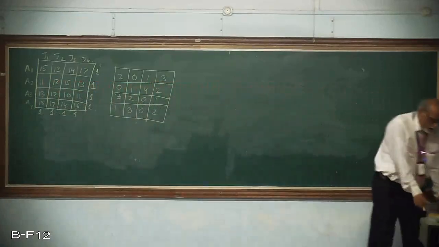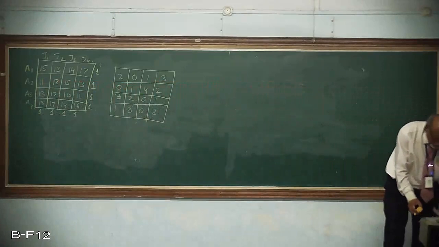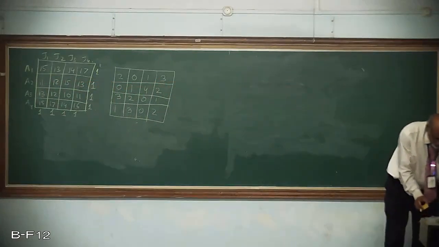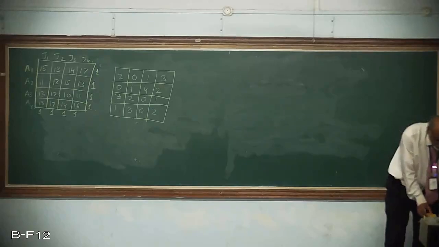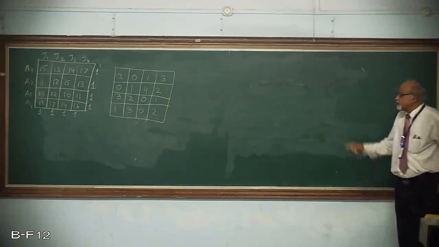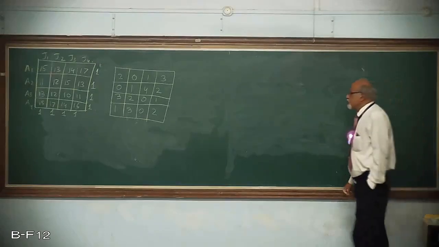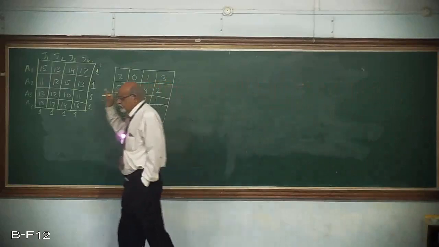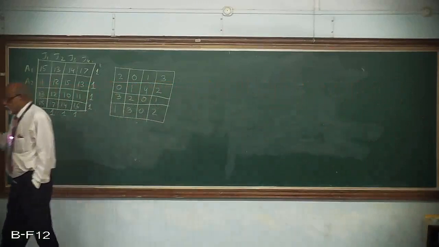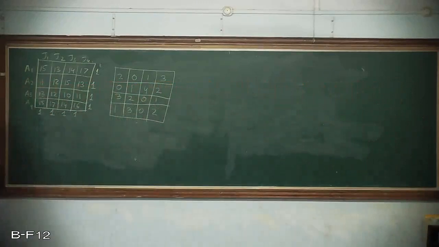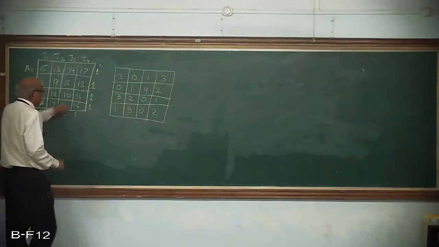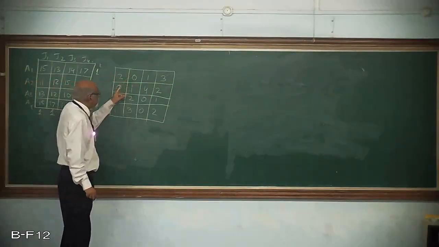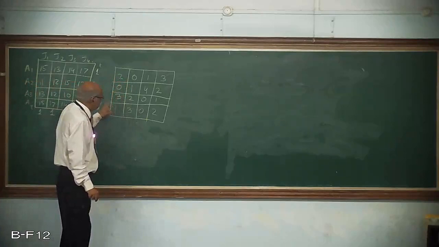Okay, this is what I have got at the first instance. Now, if we observe here, I should have got 0 in each row and each column. But what has happened? In each row I have got a 0: first row, second row, third row, fourth row.